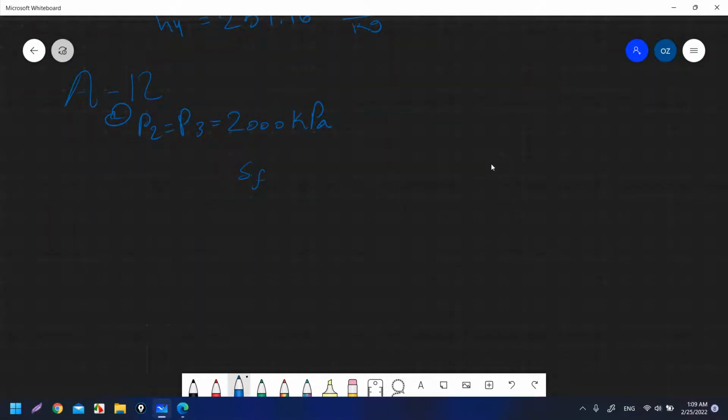SF is less than S3 and S3 is less than SG. 0.8788 is less than SG at 2000 kilopascal, which is 0.90184, and SF is 0.52509. So state 3 is a mixture.